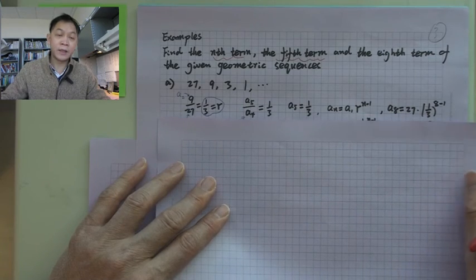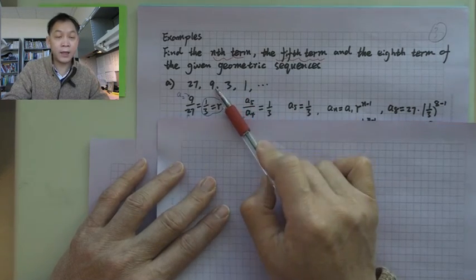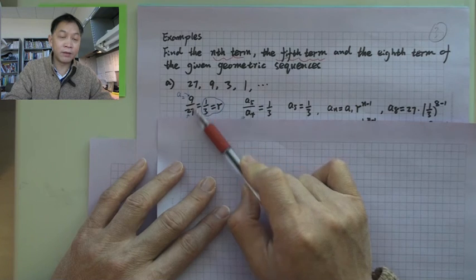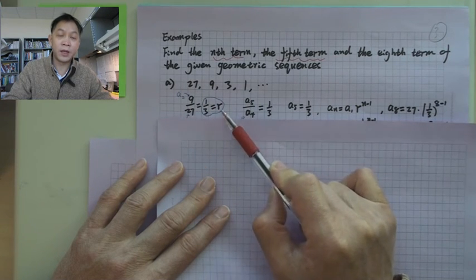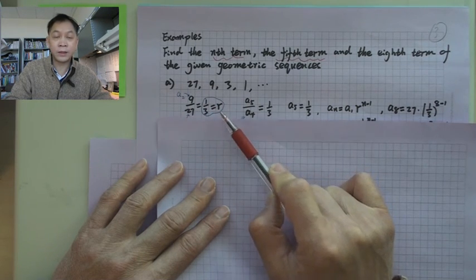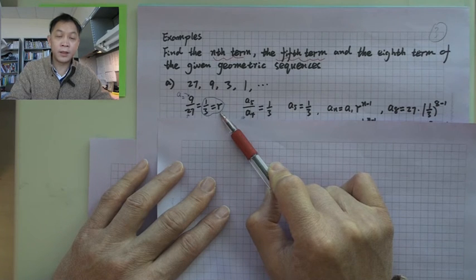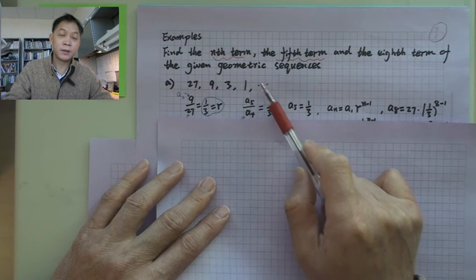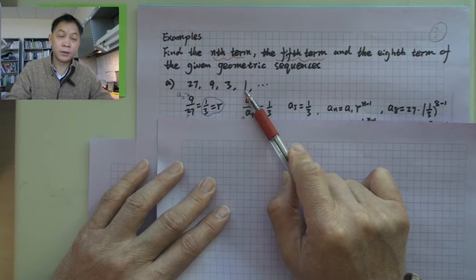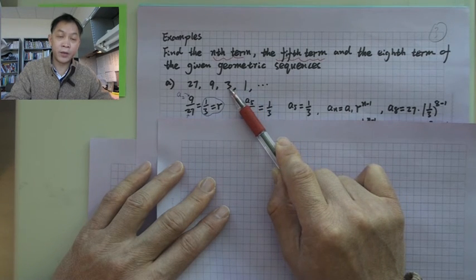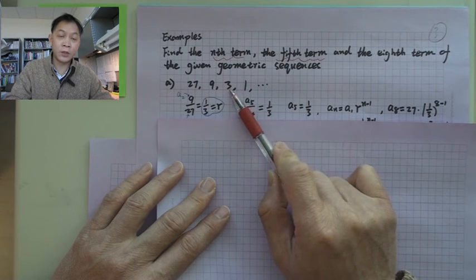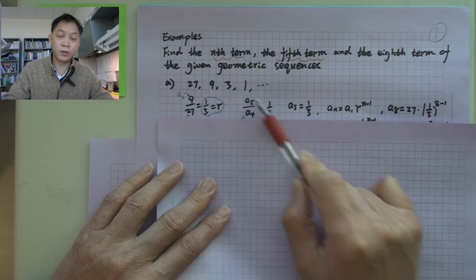Look, we need to find out R. 9 over 27 is 1/3, which is the R. Okay. And you can see down here A4 over A3, fourth term over third term, is also 1/3.